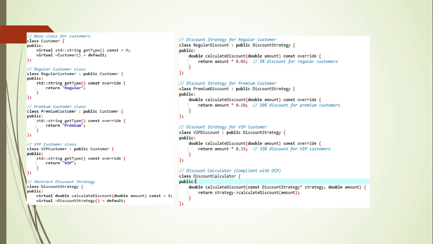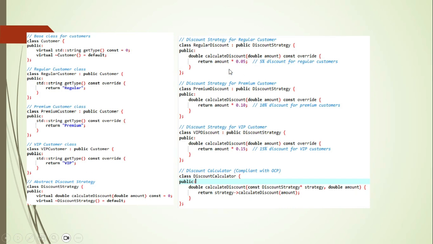So this is the derived class from this abstract class, the DiscountStrategy. All three classes provide the specific concrete implementation of calculateDiscount, the concrete implementation of this DiscountStrategy class. So these methods provide the implementation of calculateDiscount.